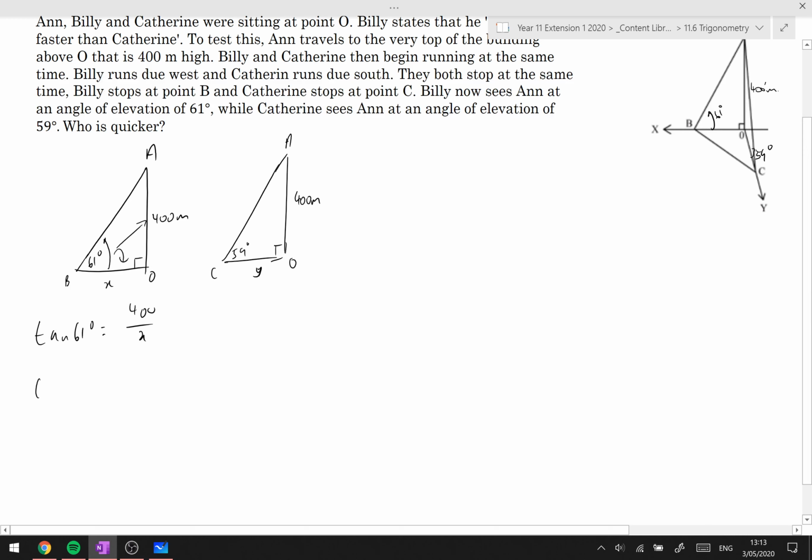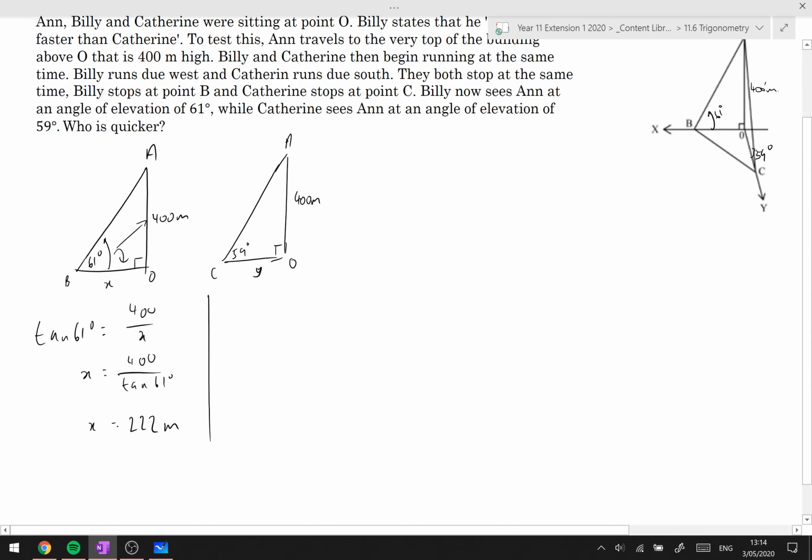To get the x by itself, we swap the x and the tan 61 degrees around. Putting that into our calculator, we get 222 meters. So that one's done.